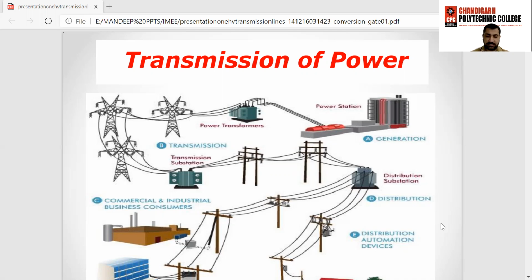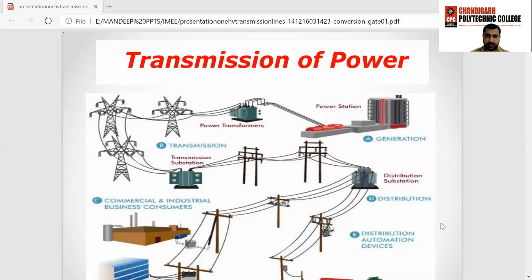The electrical power is generated at hydroelectric, thermal, and nuclear power stations by connecting a number of alternators in parallel. The generated voltage at the generating station is generally 11 kV, which is stepped up to 132 kV, 220 kV, or 400 kV, depending upon the distance, the amount of power to be transmitted, and the system stability.